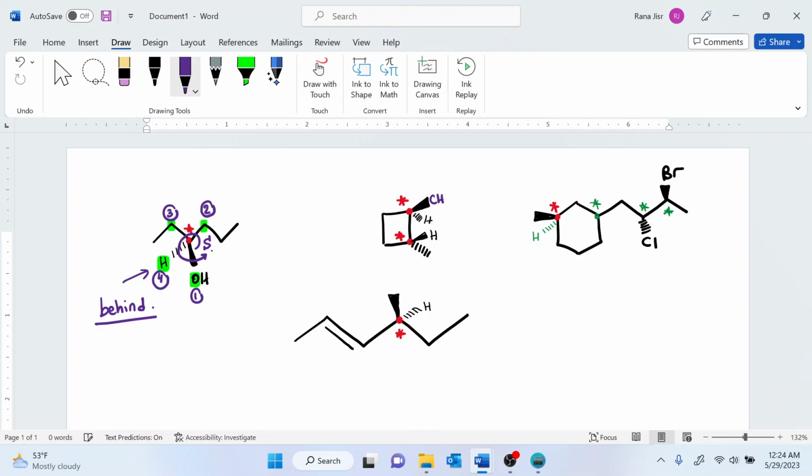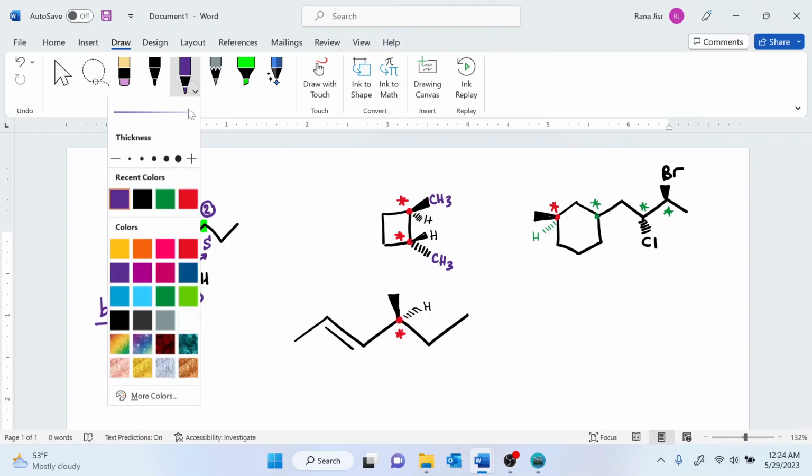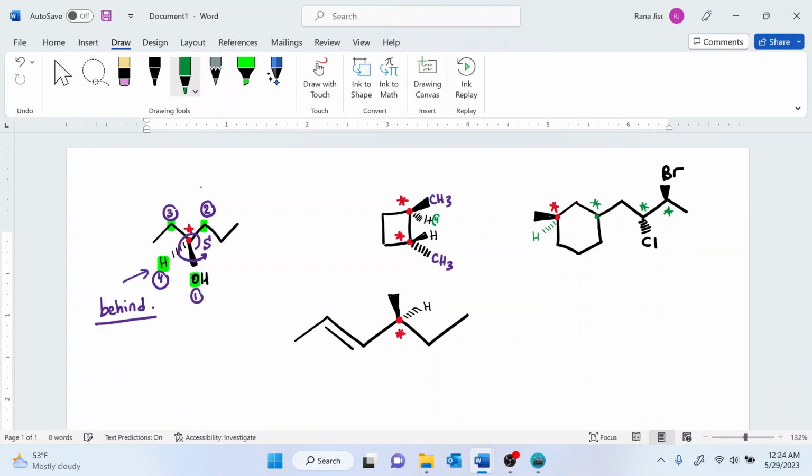This is a CH3. This is a CH3 as well. Okay, and let's go ahead and set the priorities. So hydrogen is priority number 4. And then see what I have here. On this chiral center, I have a carbon that is connected to, this carbon is connected to 2 carbons.